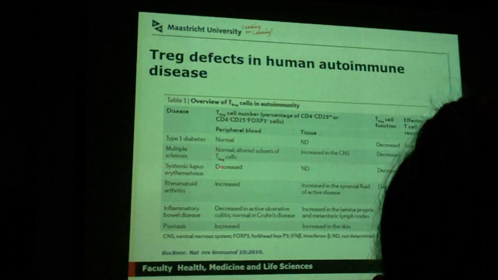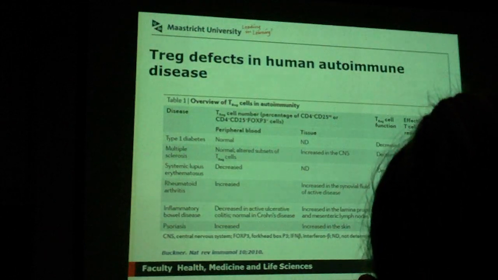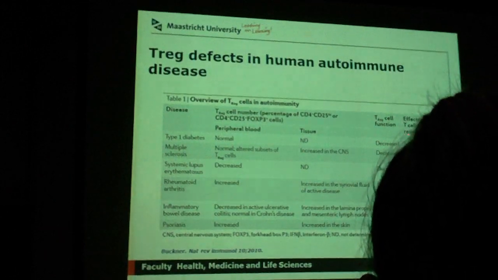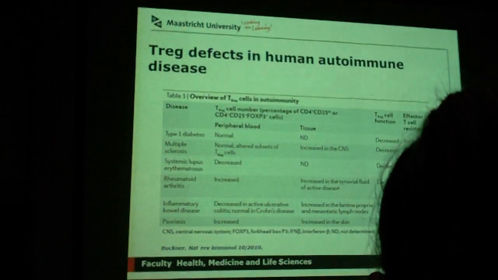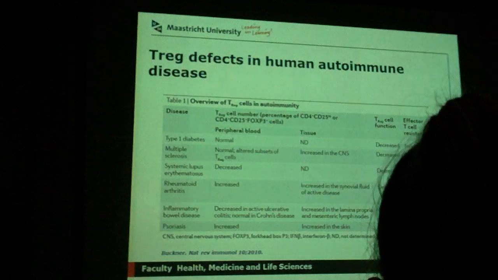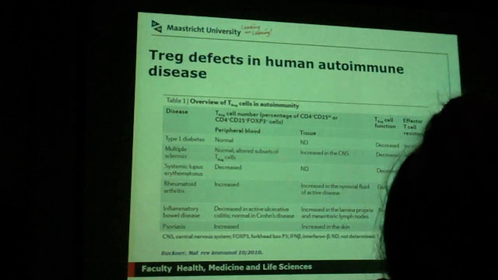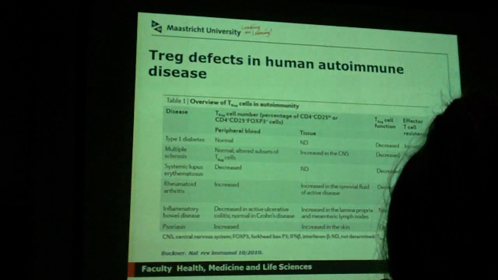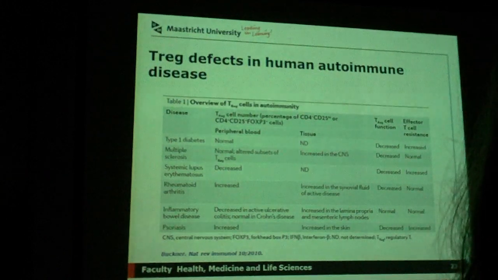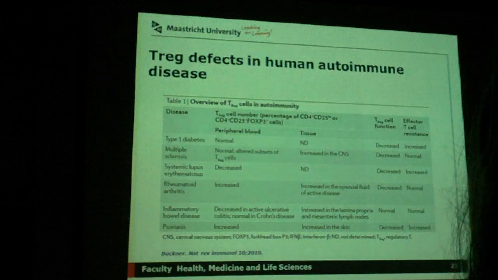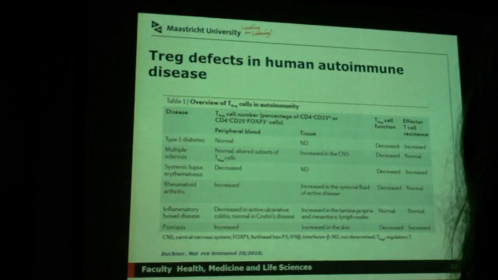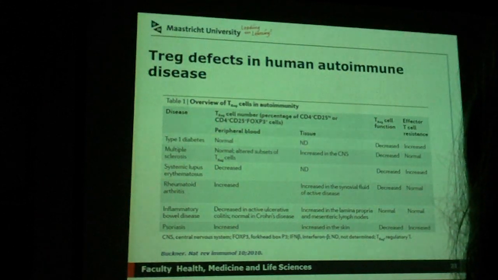Sometimes they are indeed decreased or even increased. But in all cases you see that Treg function is decreased. And in some cases they also find an increased resistance of effector T cells. So these are three levels at which your Treg population may not be able to suppress effector T cell responses to self-antigens.